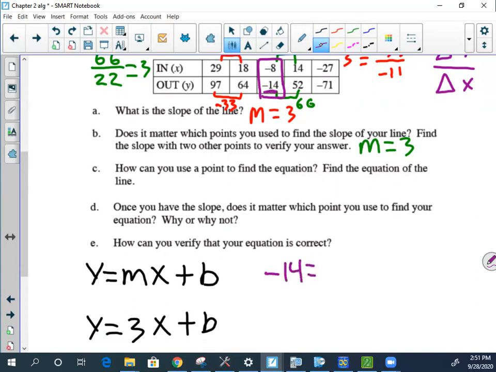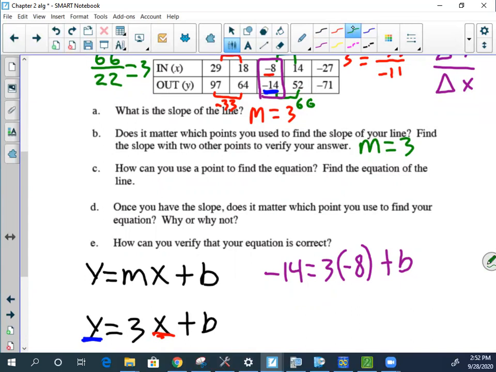So I have negative 14 equals 3 times negative 8 plus b.